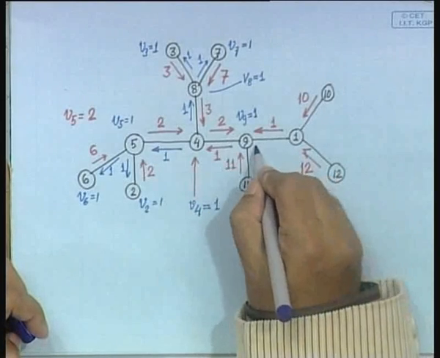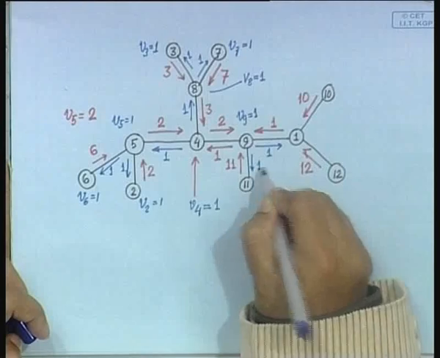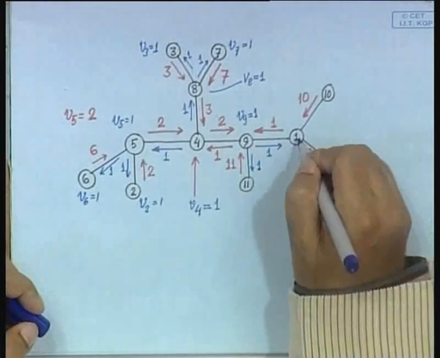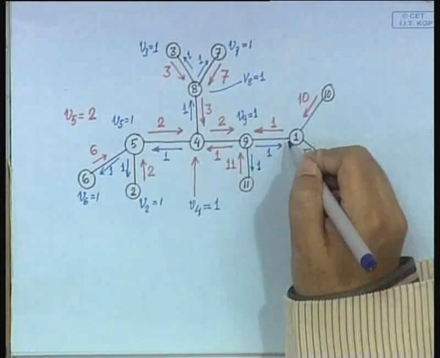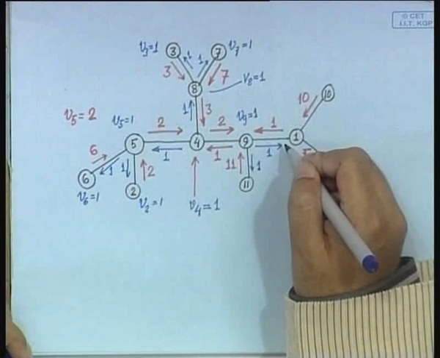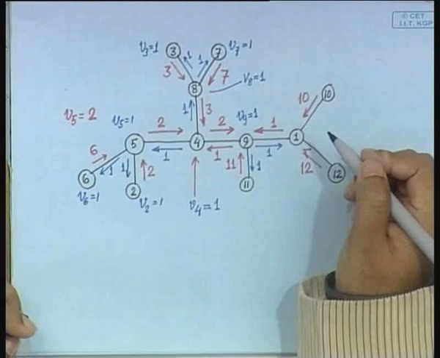So, it will send 1 to this, 1 to this. Now, see, it is very important for 1 to get this 1, otherwise it will never realize that it is the leader, right. You have to have the permission from everybody saying that you are the leader.